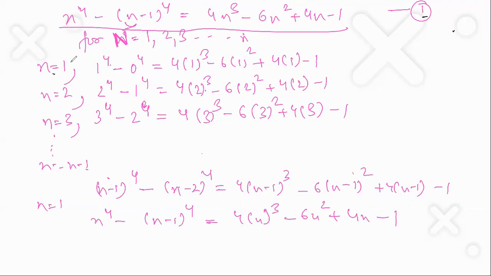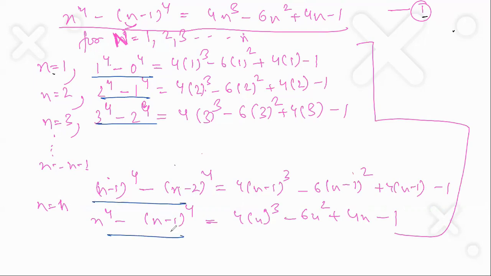So from n to n, now if we add all the values, please see it very carefully. When we add all the values, right will add with the right and left will add with the left. These are the left values. When we add them, this will cancel out with this, because 1 raised to the power 4 is plus and 1 raised to the power 4 is minus.